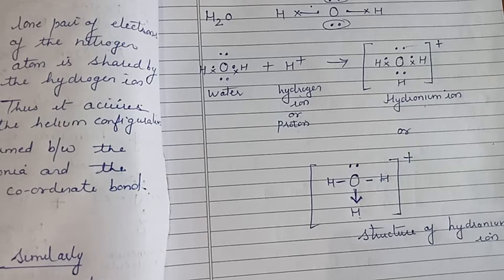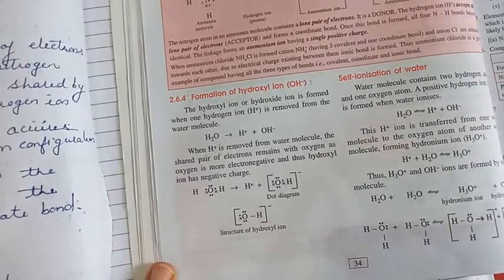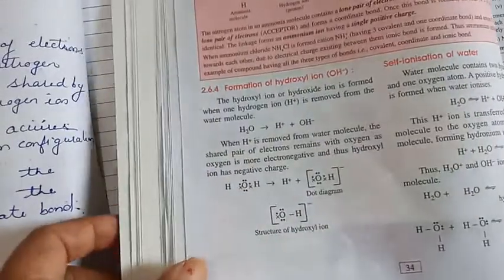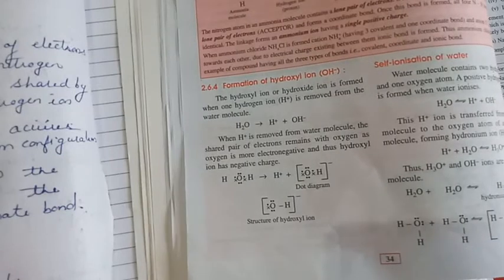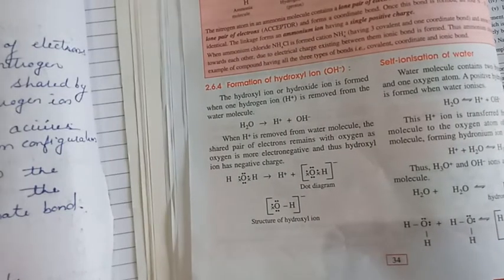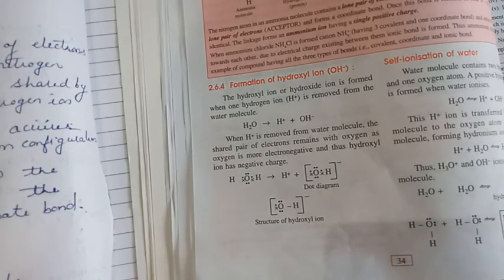You do practice that, given on page number 34 in your book. So kindly practice the formation of this hydroxyl ion also. And don't forget to draw it in your notebook. Clearly mark dot or cross for the two different electrons, showing the electrons of the two different atoms.